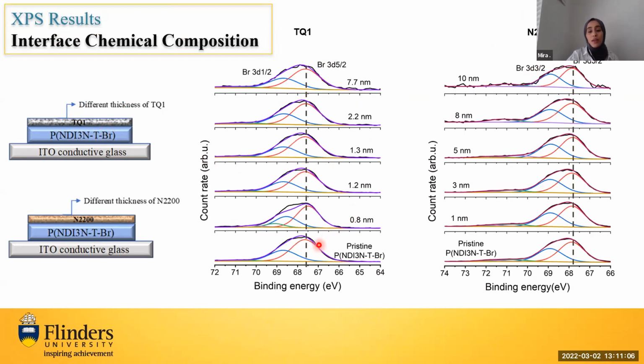What we found is that we didn't see any shift or change in the bromine peak. All the bromine peaks have the same binding energy, almost the same intensity, and the same shape. We couldn't see any change, which means no chemical interaction can happen between those layers.